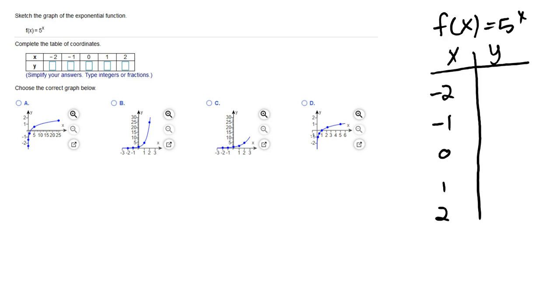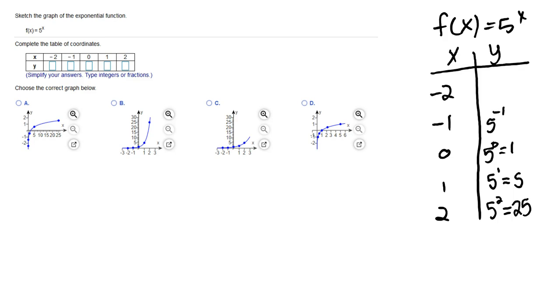I'm going to start down here with x equals 1. Substitute 1 in for x gives me 5 to the first power, which is 5. We'll do x equals 2. That gives me 5 to the second power, which is 25. 5 to the 0 power is 1.